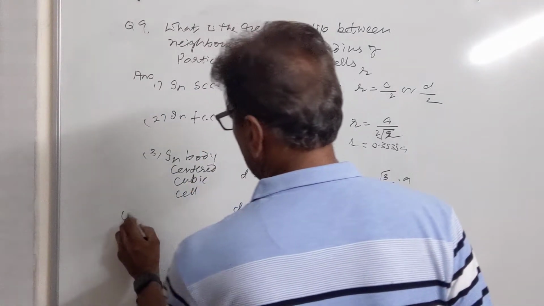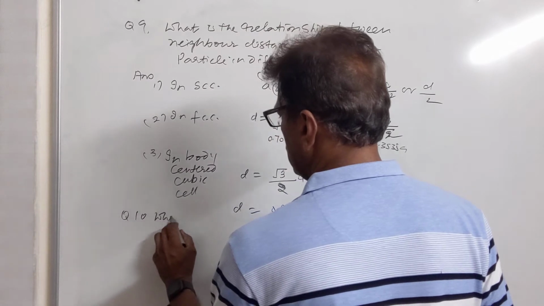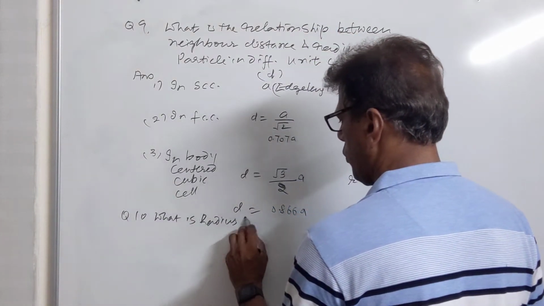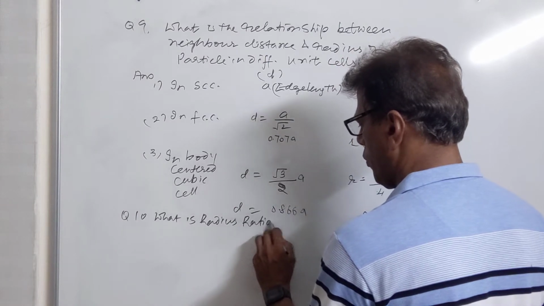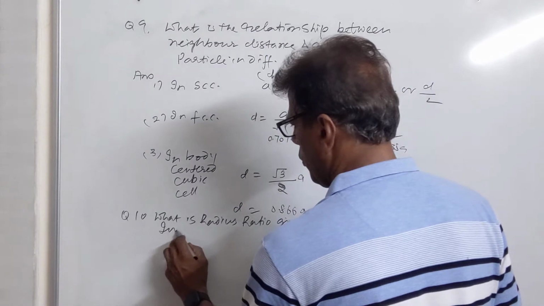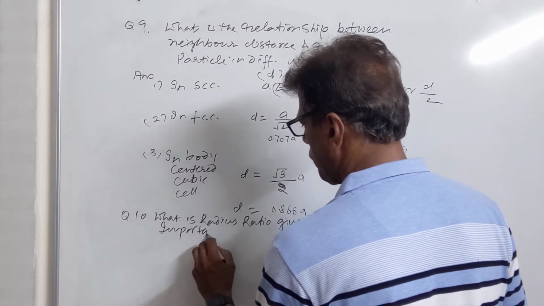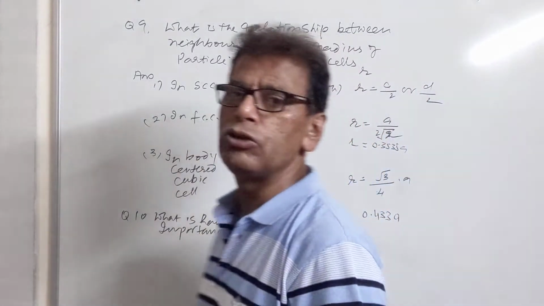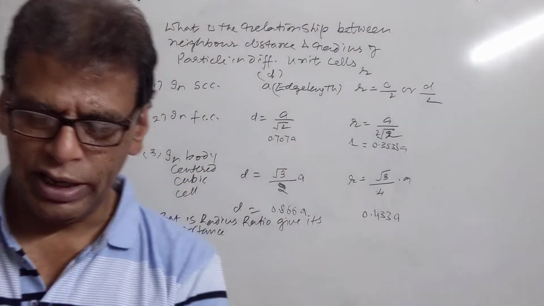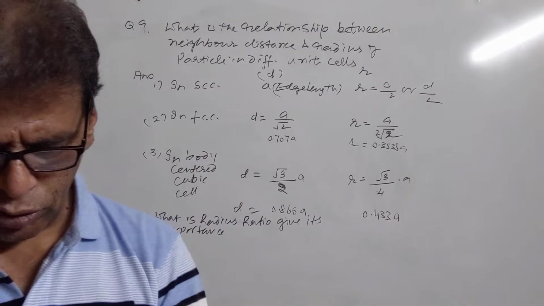Then we have next question, what is radius ratio? Give its importance. Now what is radius ratio? It is defined as the ratio of cationic radii to anionic radii in an ionic solid.